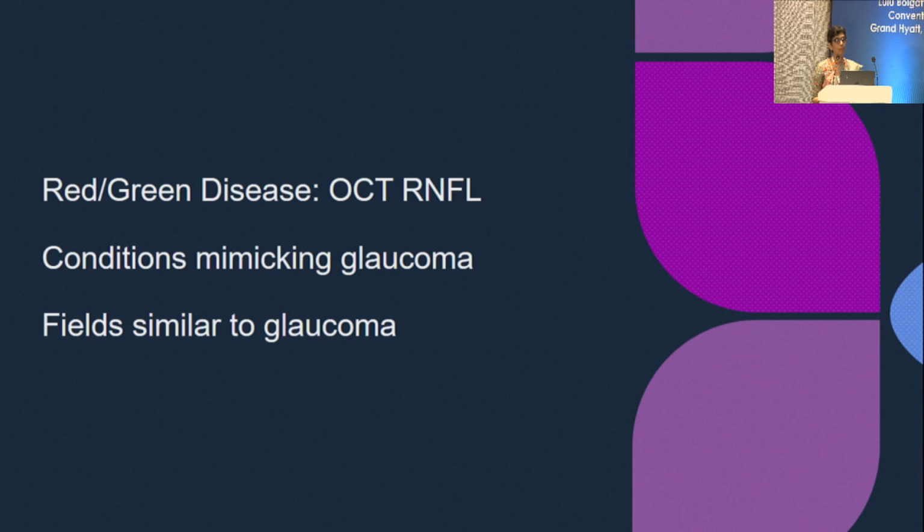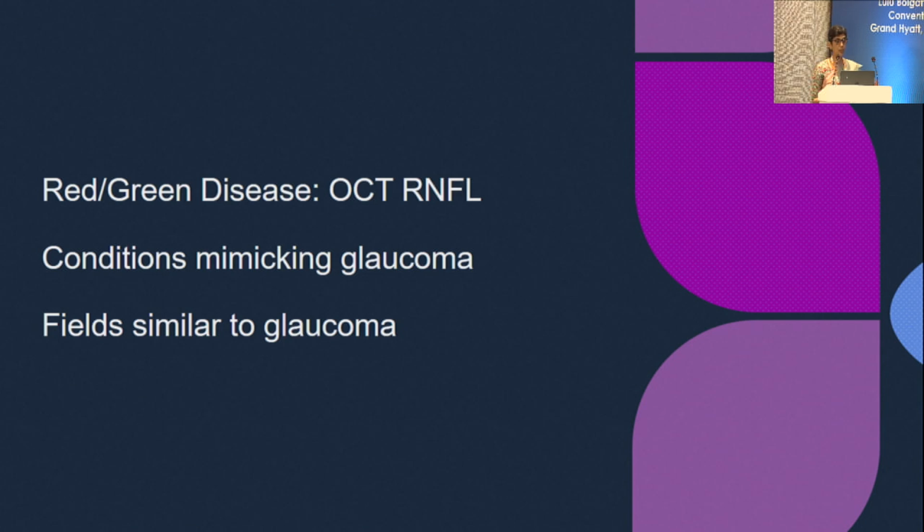And nowadays, many ophthalmologists rely on OCT RNFL to perform a diagnosis of glaucoma. Now, this is fraught with a large number of pitfalls, with a large number of misinterpretations, which can lead to situations like the red disease or green disease in the OCT RNFL.